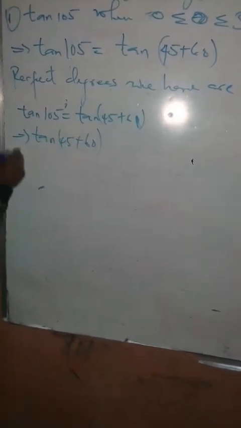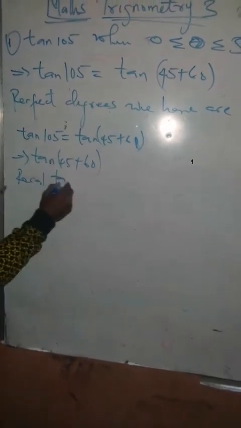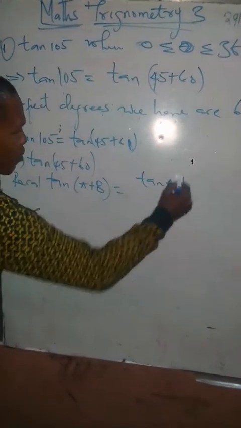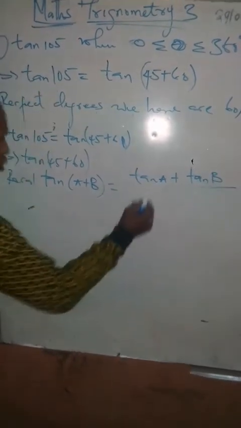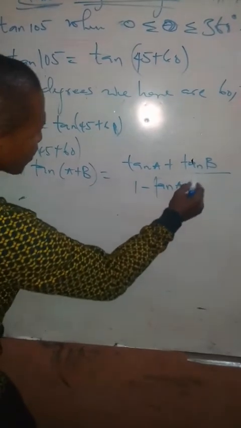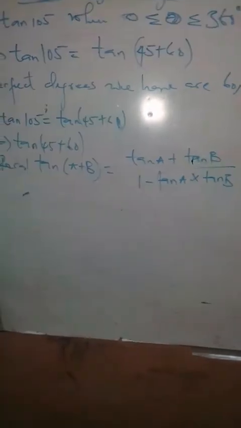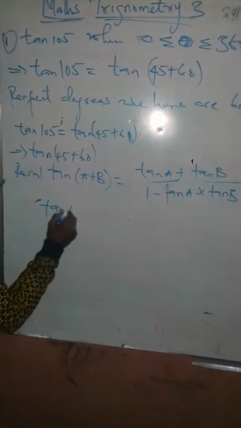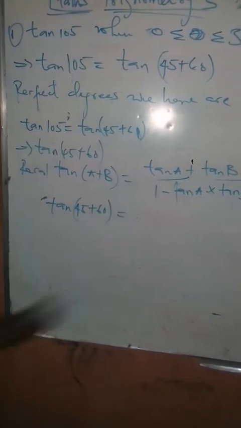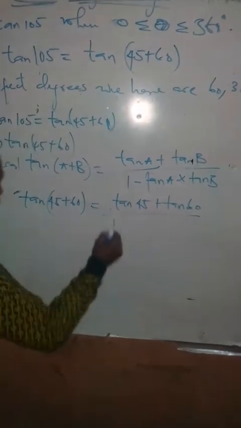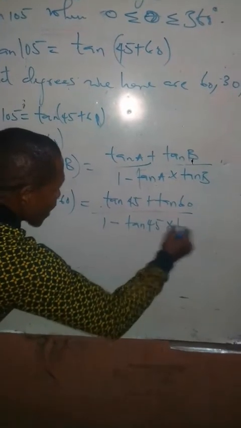Recall that tan(A + B) is equal to what? tan A plus tan B all over 1 minus tan A times tan B. With this expression, we can simply say that tan(45 + 60) will be equal to tan 45 plus tan 60 all divided by 1 minus tan 45 times tan 60.